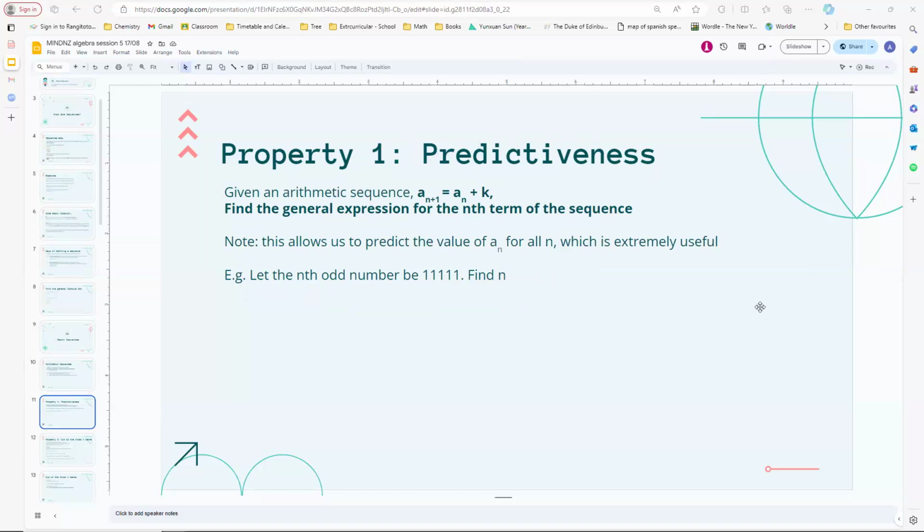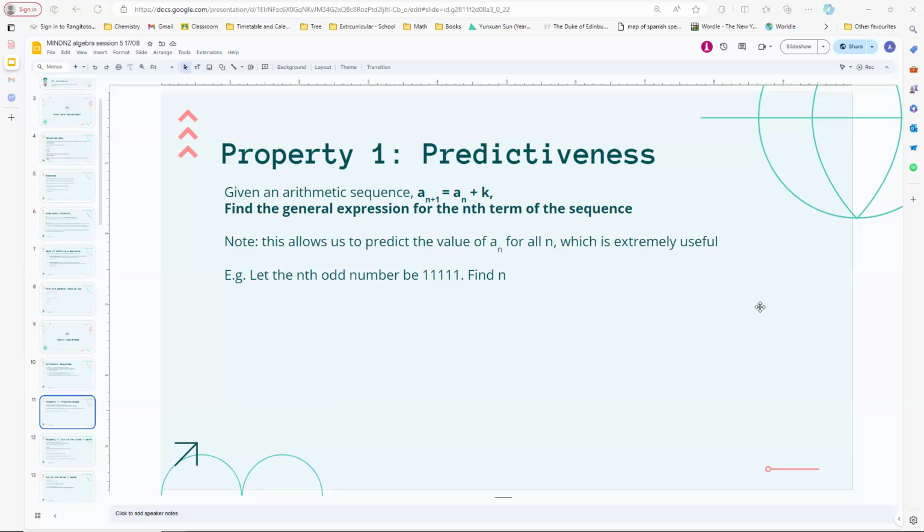What this means is that we want to be able to predict or know what a general term would be. So, for example, if I give you some arithmetic sequence, can you find the 100th term in it, without calculating the first, second, third, fourth, just knowing the exact value of any general term, right? So a_n for any n.